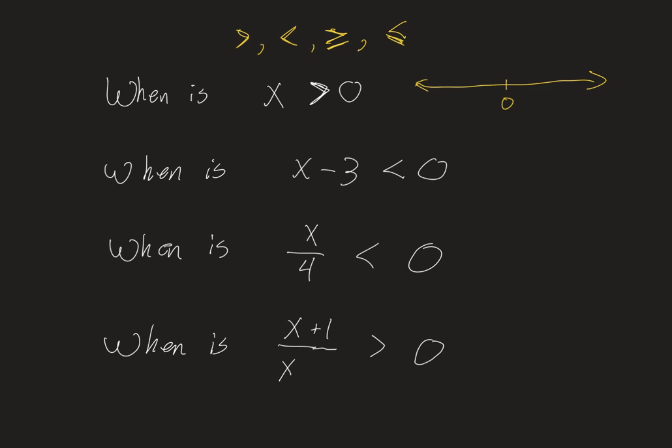So we said, okay, I will graph that with an open dot at 0. And then the symbol itself, greater than, means more. X is more. The wide side is more. X is more than 0. More than 0 is over here. Any value in this zone will work for this inequality.